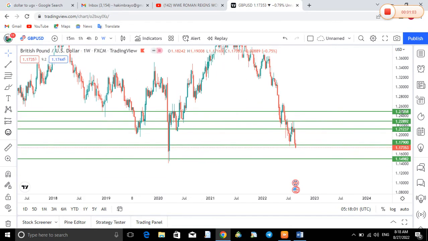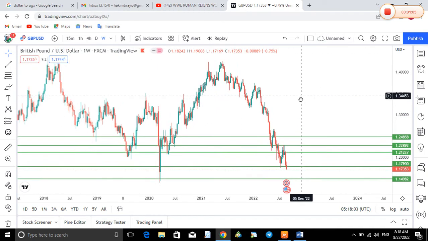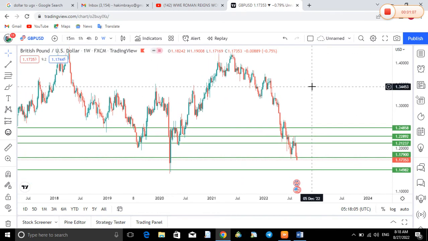Now at the moment I'm analyzing JPY USD. JPY USD is a currency pair that most of the time, if you have a clear market overview or a clear market analysis, you can make a lot of money from.